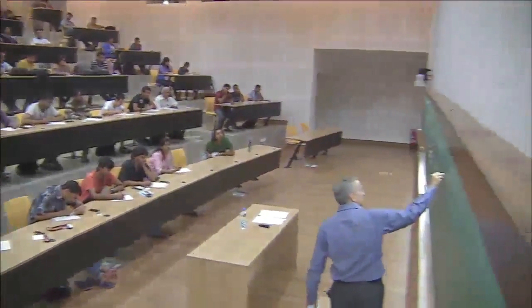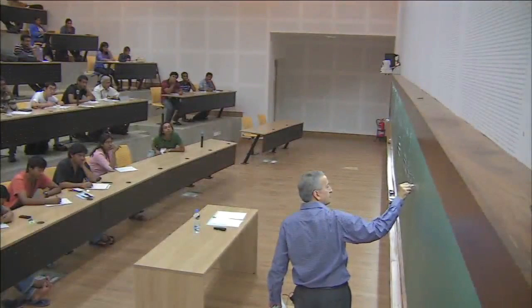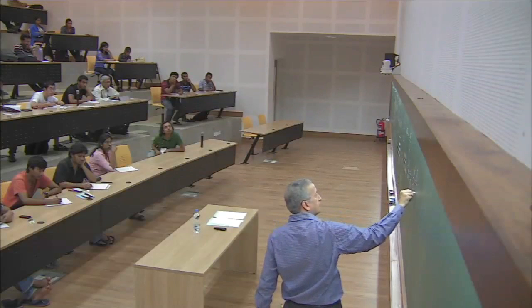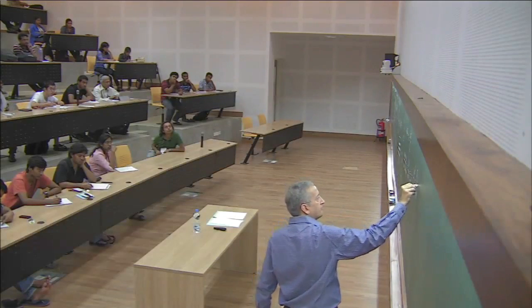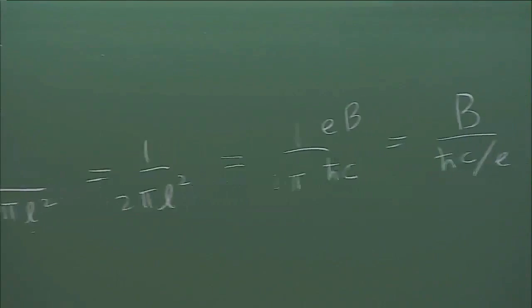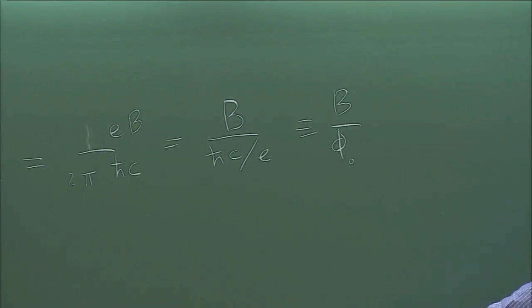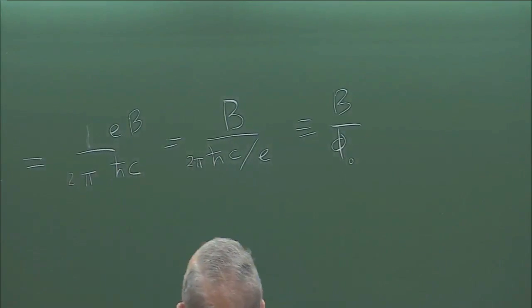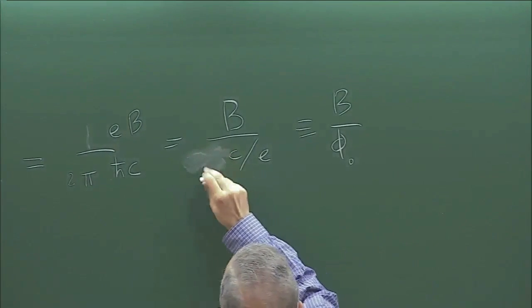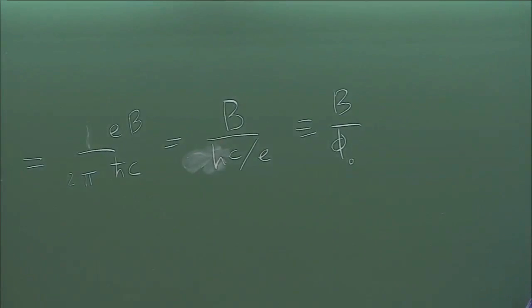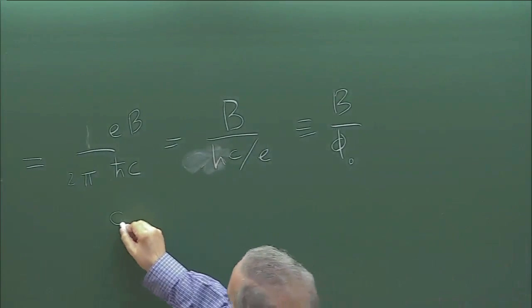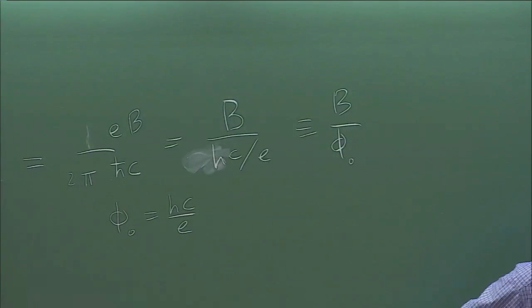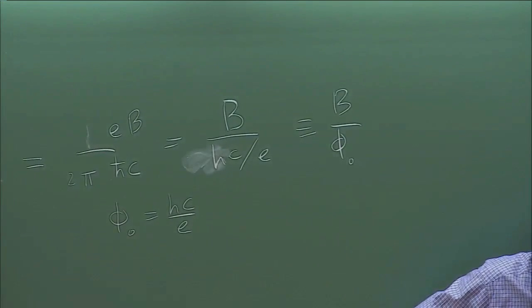Let's write it out a bit more explicitly. So I have defined here phi naught, which is hc over e. It's often called the flux quantum, although that's a misnomer because flux is not quantized.